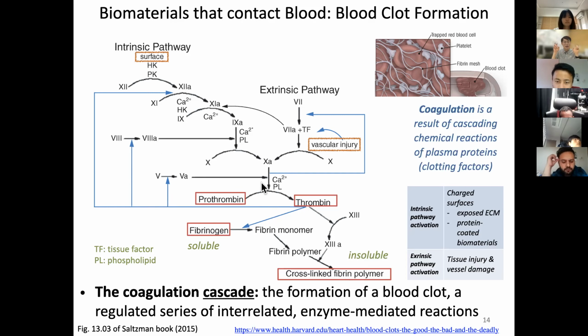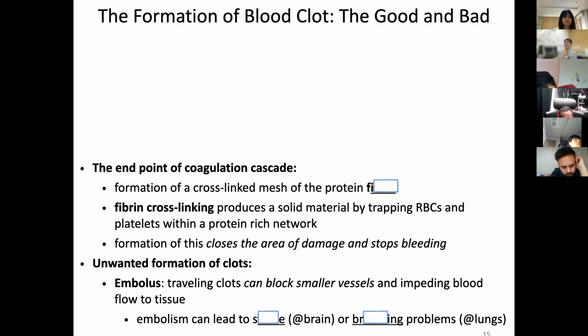So this is a very precisely invented methodology, because this is very critical and very important. And likewise, extrinsic vascular injury also causes prothrombin to become thrombin.